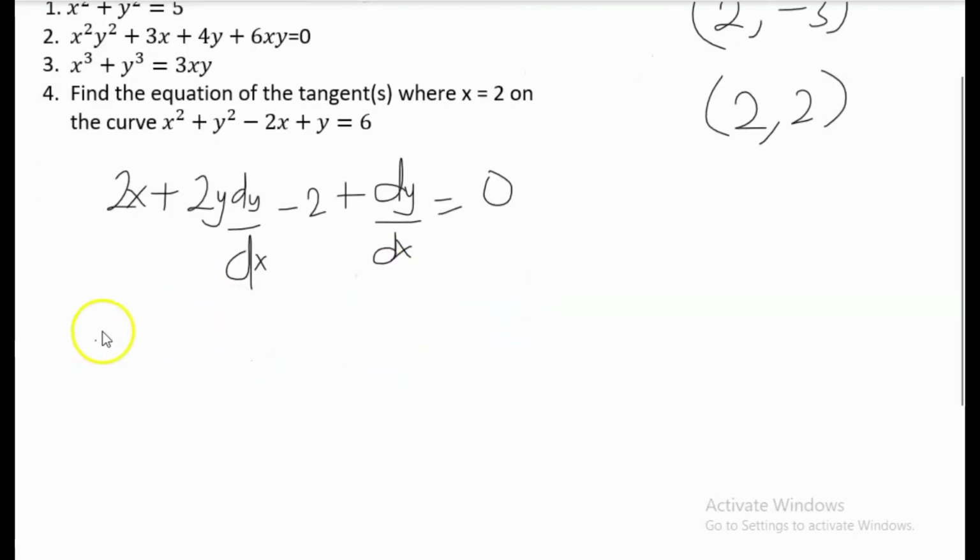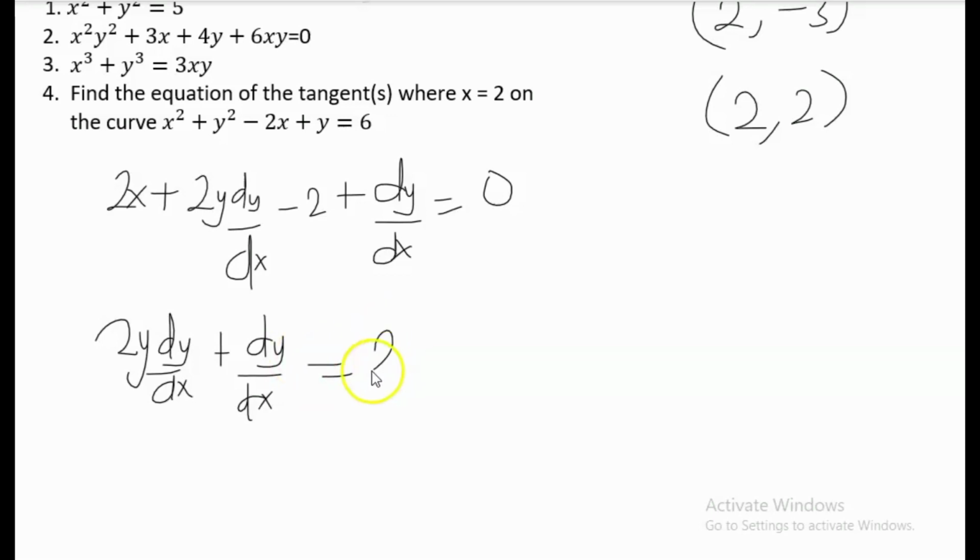So we can bring the like terms, that would be 2y dy dx plus dy dx. Then we take all the other values to the other side, so that would be 2 minus 2x.